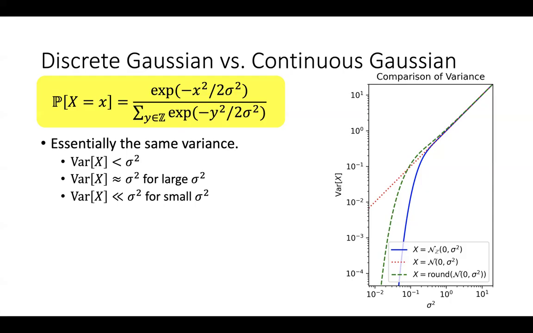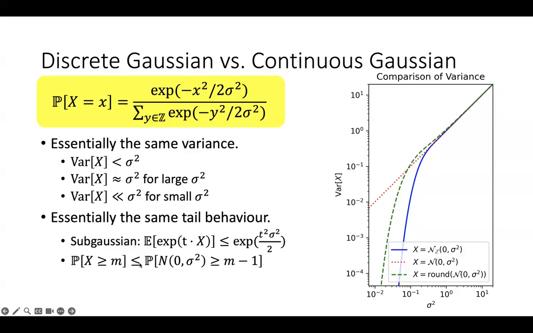Now there's a third line on the plot, the dashed green line, and that's what happens if you take continuous Gaussian noise and do rounding, which is, again, an obvious alternative to doing an inherently discrete distribution. But what you see is this actually has higher variance than the discrete Gaussian. So in this sense, we're doing better than the rounded continuous distribution.